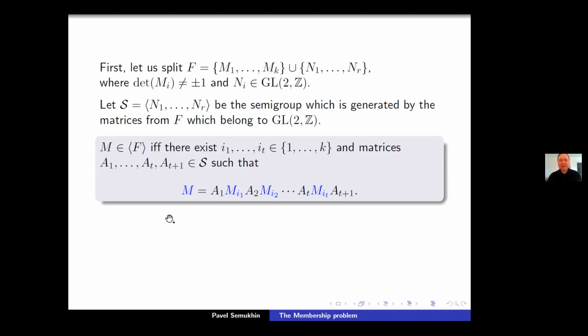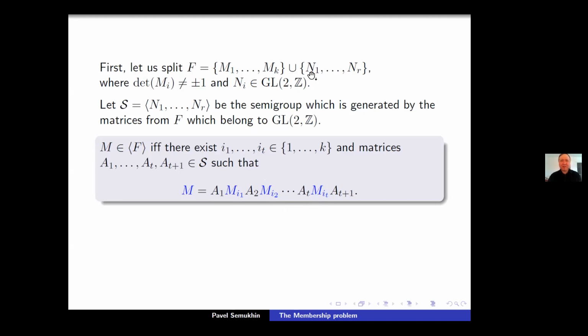So we have M equals A1 times M_I1, A2 times M_I2, and so on. And why is this the case? Well, it's easy to see, because if M belongs to this semigroup, then it can be expressed as a product of matrices from F. In this product, we can pick out the matrices from the first set, which are shown here in blue.